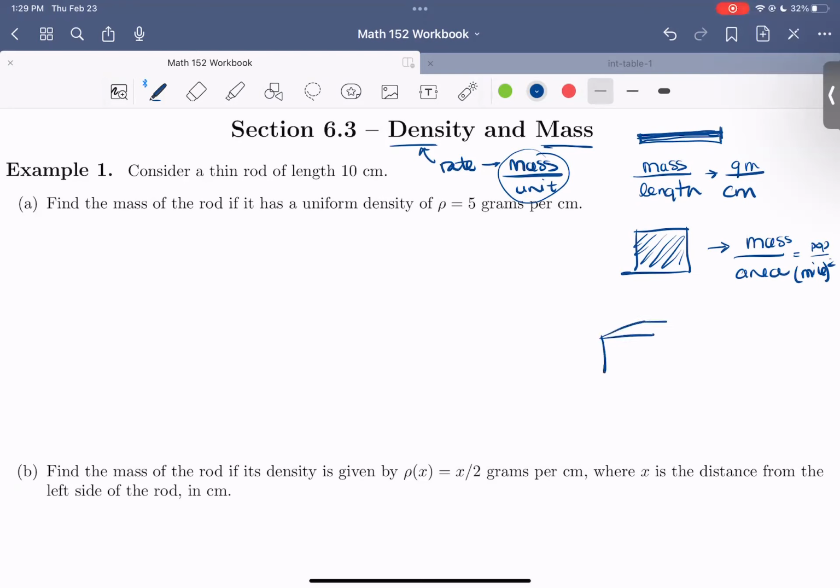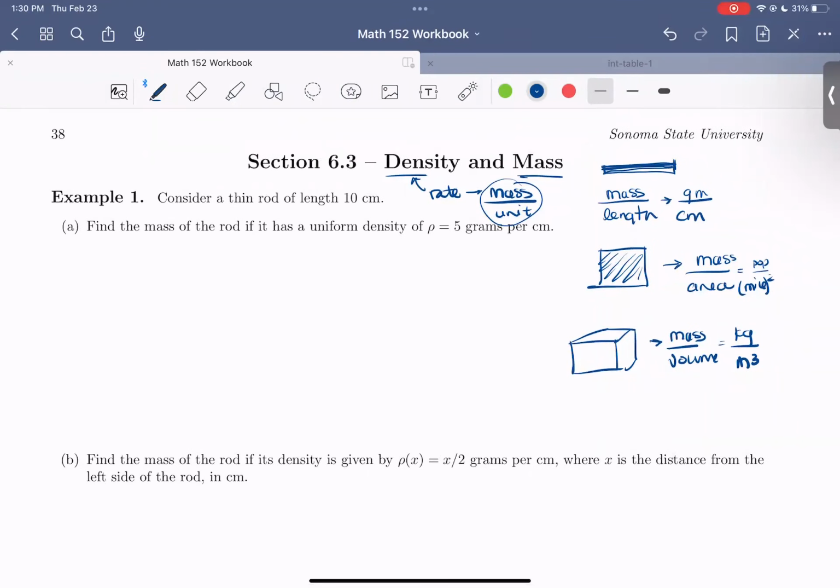But we can also consider the density of a 3D object, in which case we have mass over volume, and that could look something like kilograms per meter cubed. In the context that we look at, we'll be given the appropriate density to match the type of dimension of the object. Okay, so that's just a little background.